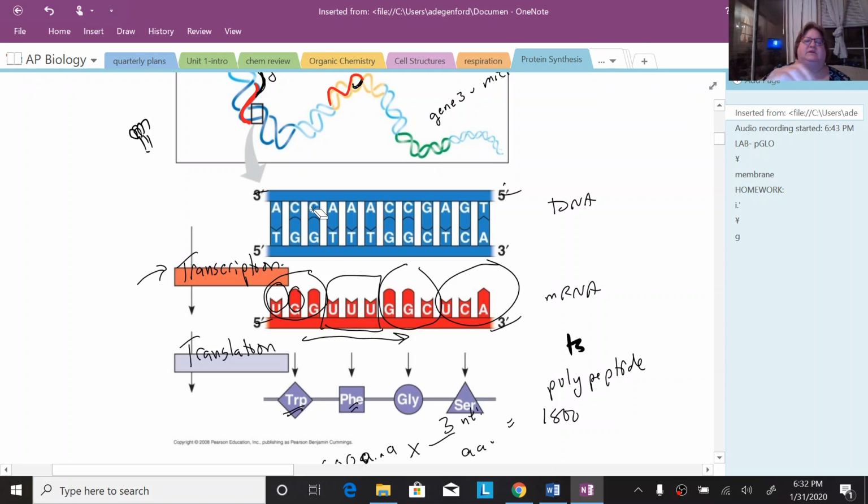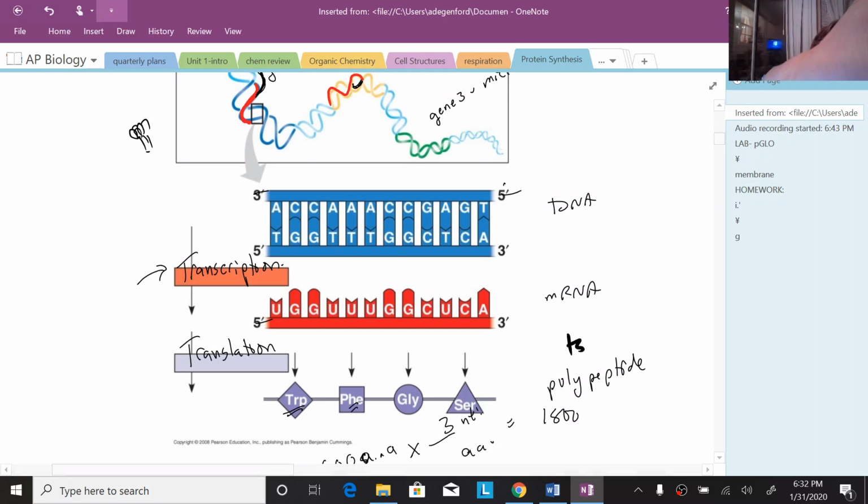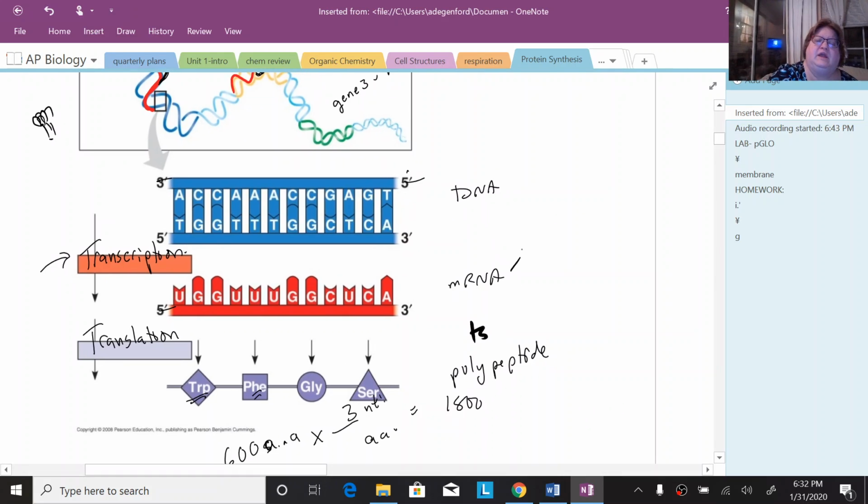So notice in our mRNA strands, there are 3 differences. We have, notice, U for uracil. So RNA, off to the side here, has uracil, and uracil replaces thymine.